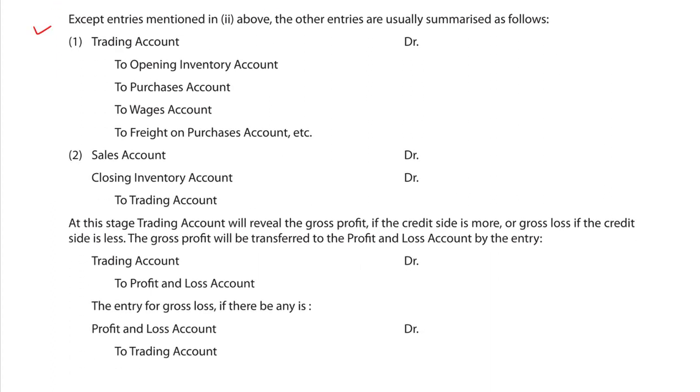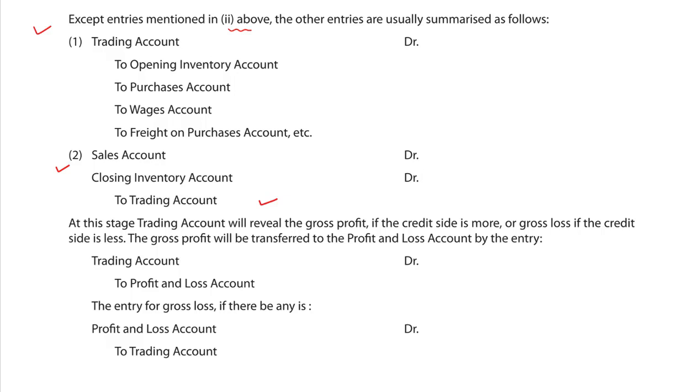Except entries mentioned in 2 above, the other entries are usually summarized as follows. Trading account debit to opening inventory, to purchases, to wages, to freight and purchases return. For sales, the entries would be sales account debit, closing inventory account debit to trading account.